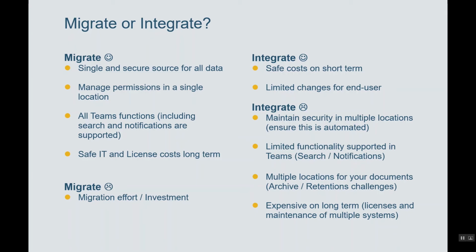When you archive your matter or your client, do you also archive the team? Will it become read-only? Will you close the team, and what happens to that information? So these are things to consider when you decide to integrate or migrate. And of course, in the long term, you have to maintain two or even multiple systems, which will have an impact on costs.